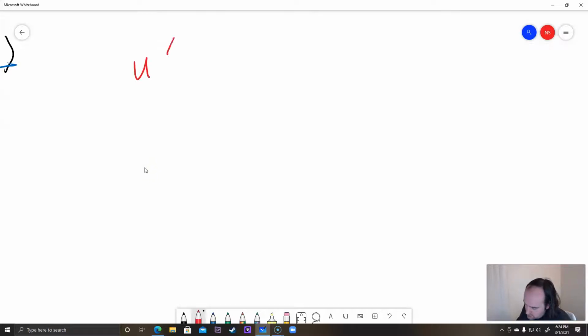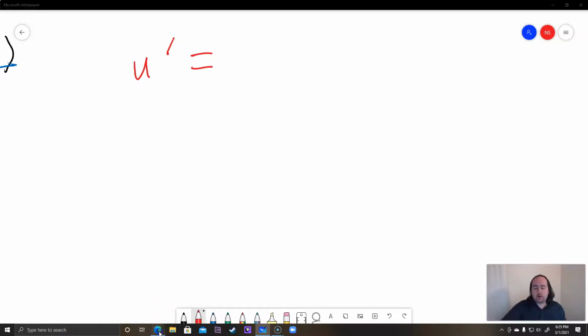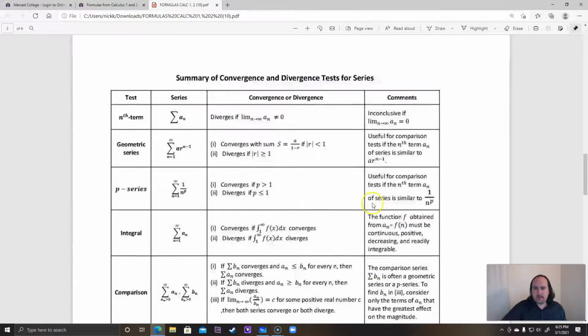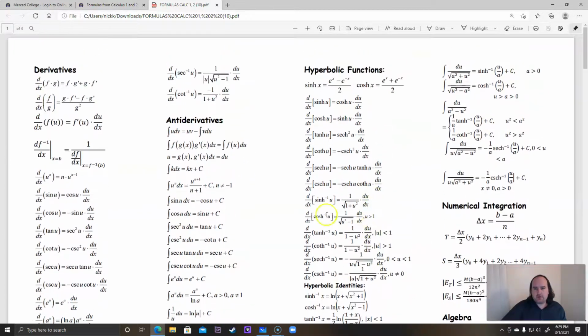Okay, so u prime is going to be the derivative of cosec of 2 theta. Now going to our formula sheet on the first page, the derivative of cosec of u is negative cosec of u times coth of u times du dx. So here we're going to have negative cosec of 2 theta times coth of 2 theta times the derivative of 2 theta.